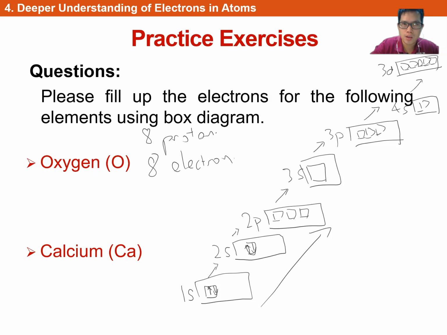Then 3, 4 in 2s. Then in 2p, we fill up 1 orbital first before pairing: 5, 6, 7, then over here 8. Then we stop there. If you draw until like that, you get full marks.